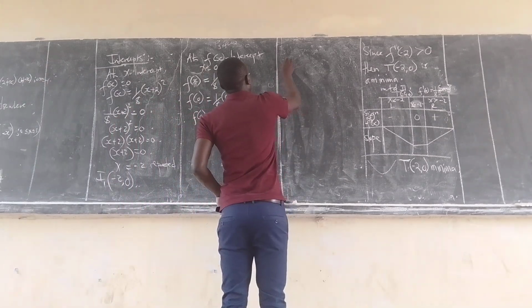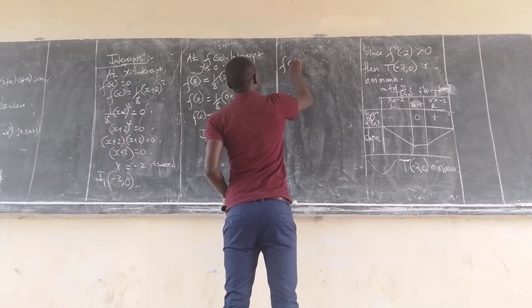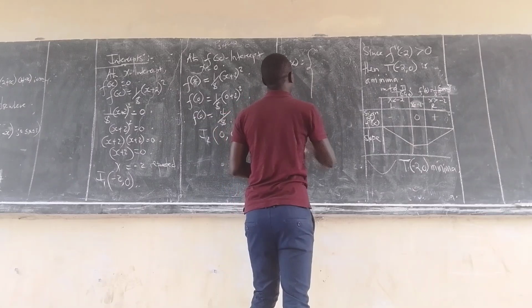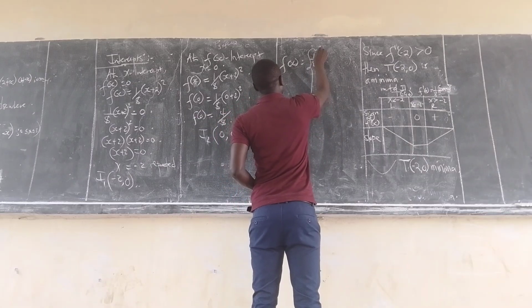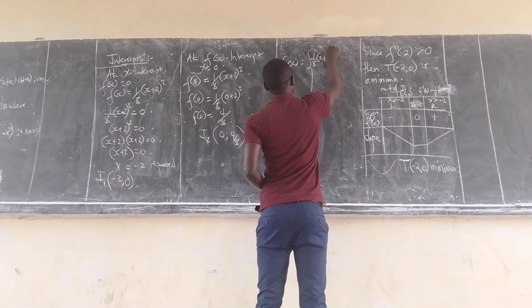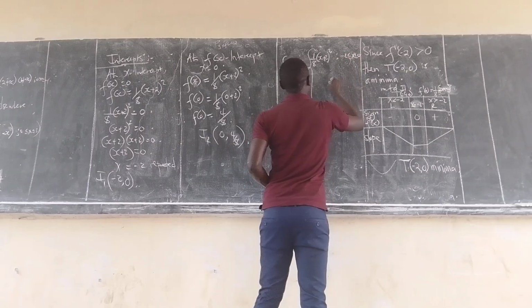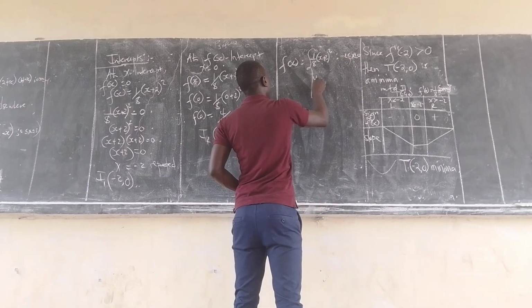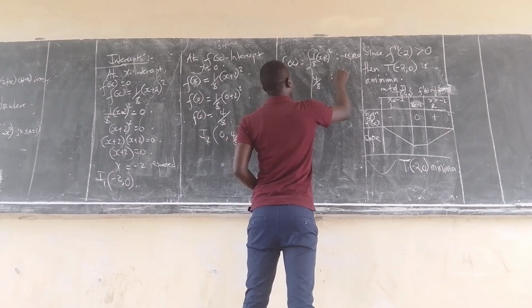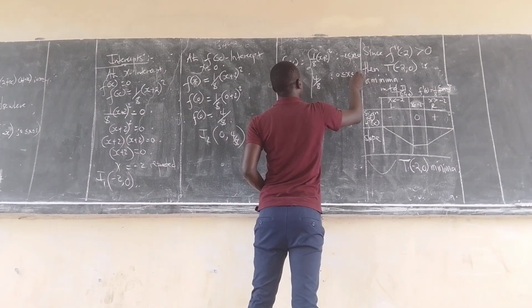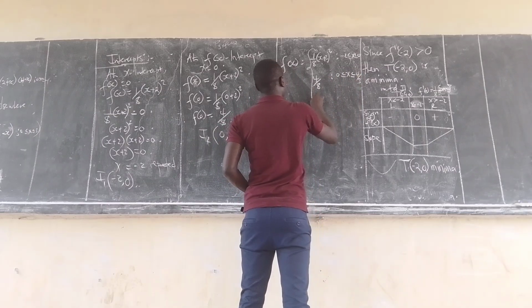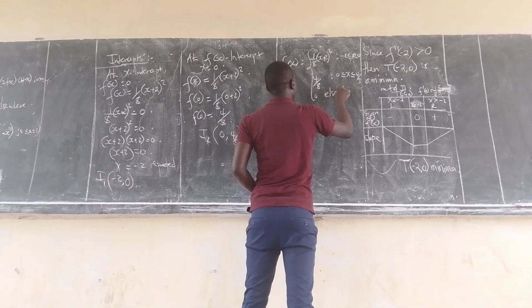So our f of x was compound. To remind you, it was 1/8 into x plus 2 squared. This is when x runs from negative 2 to 0. It's a 4/8. That is when x runs from 0 to 4/3, and it was 0 elsewhere.